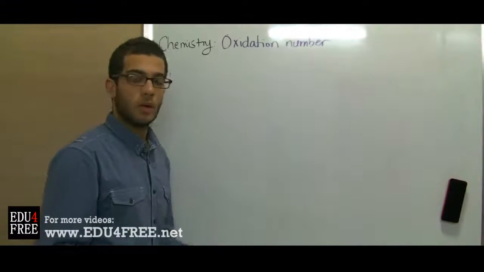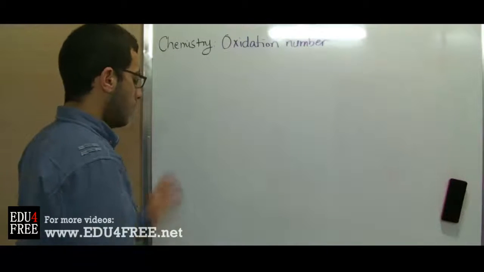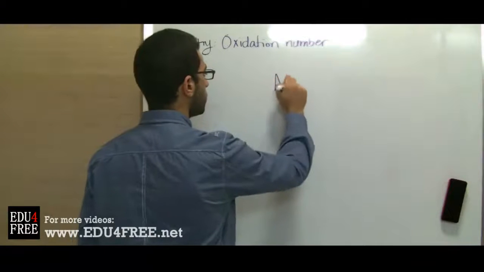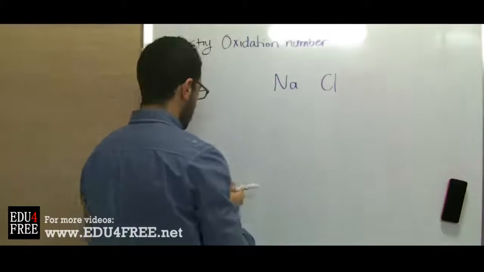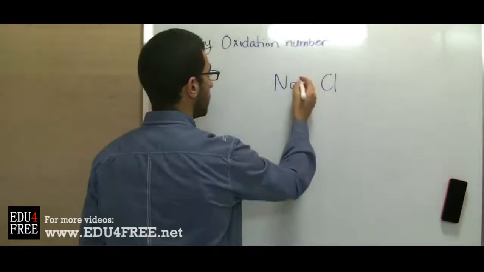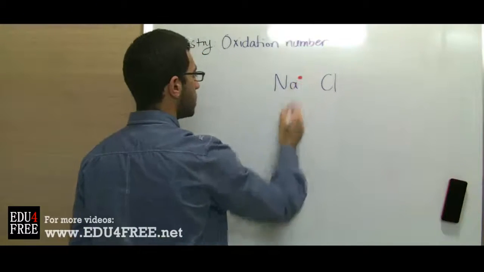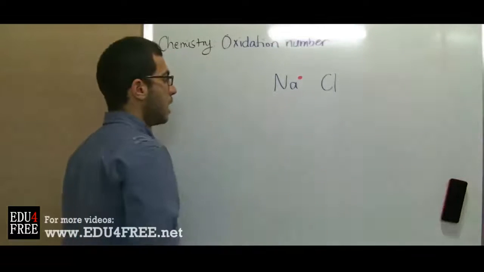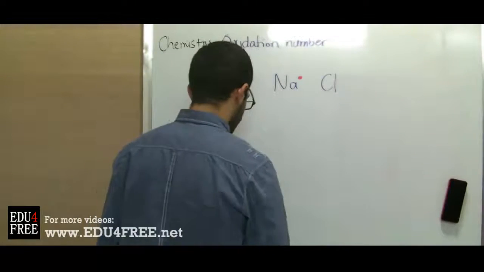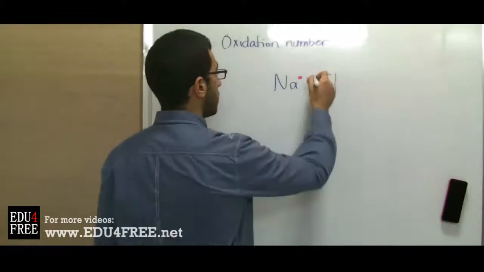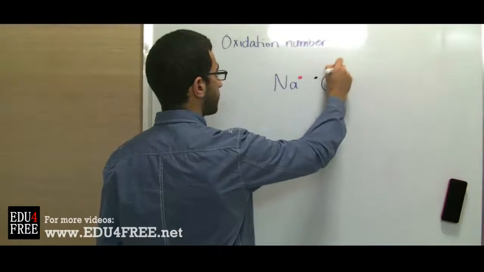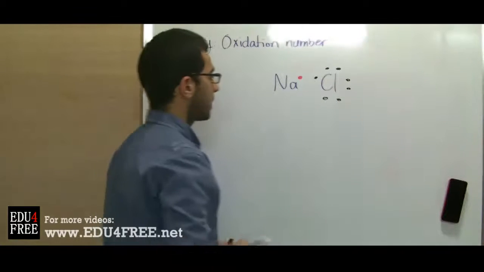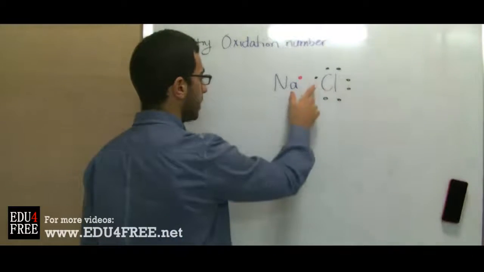So we were talking about ionic compounds. Now we want to talk about covalent compounds. We said in ionic compounds, like in sodium chloride, there is only one electron in the outer energy level or energy sublevel in sodium, and in chlorine there are 7. So there is one missing here.